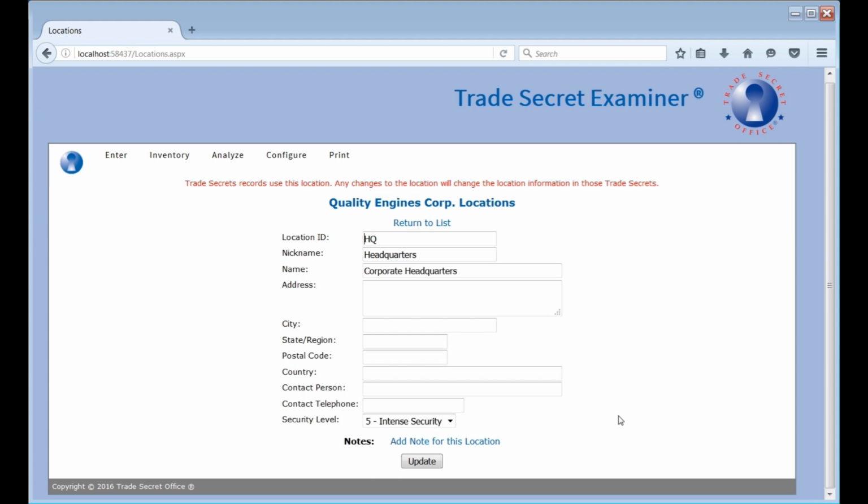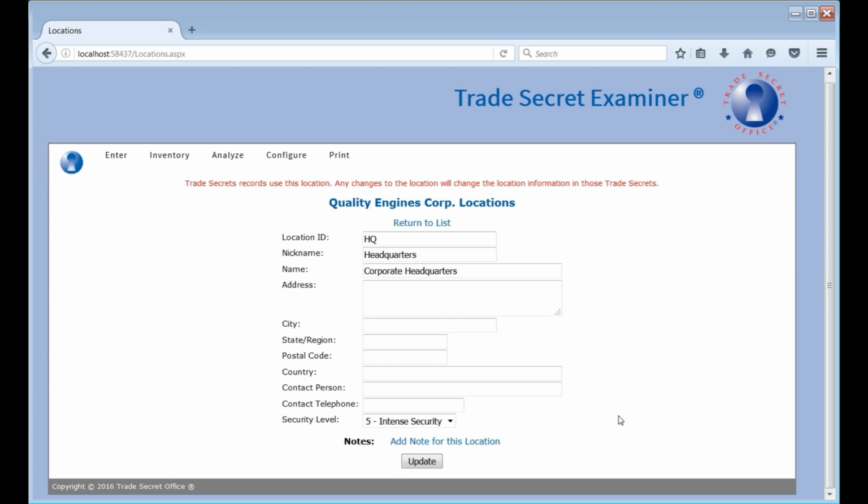If I change that number and then I save this, it will do it, and it will now show all the trade secrets at this location having a location security of, say, 4. But that's a change to the trade secret. It will generate a new potential trade secret. In our case, with our 210 trade secret, it would generate a number 214. It will generate a new snapshot. It will generate a new support. It will add new hash codes to the blockchain.